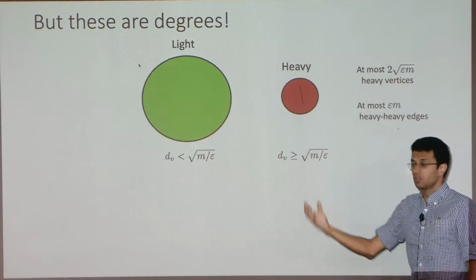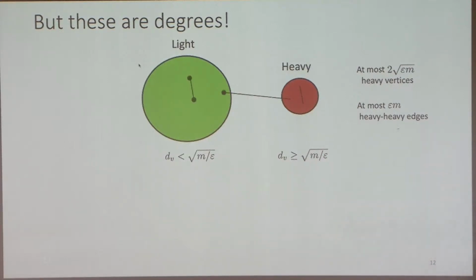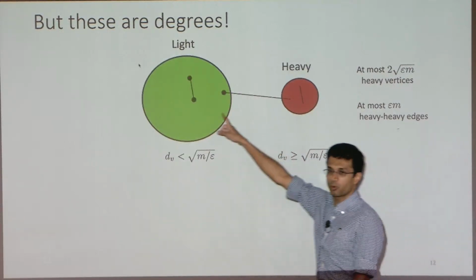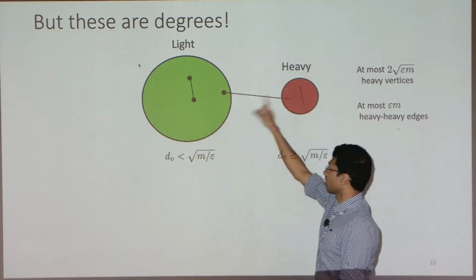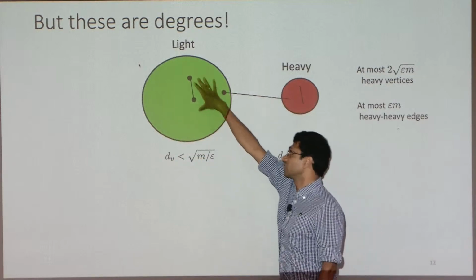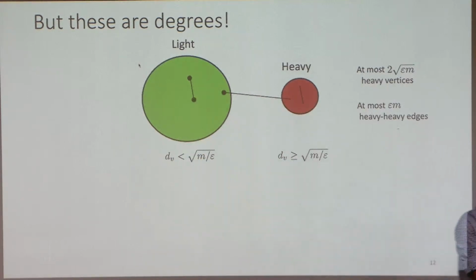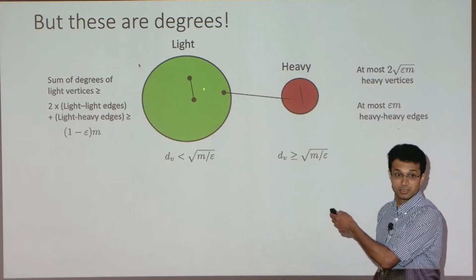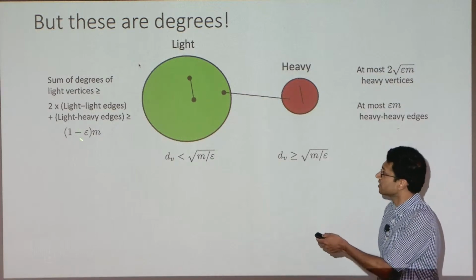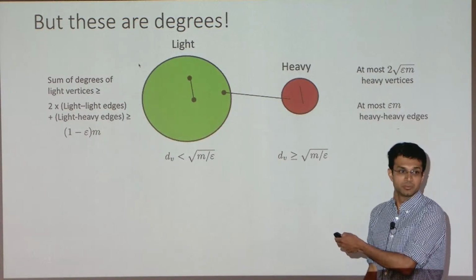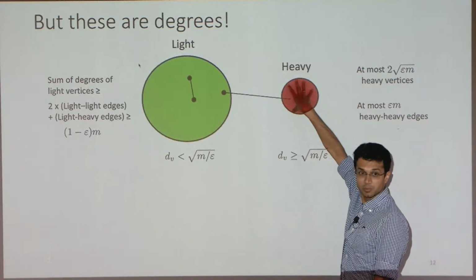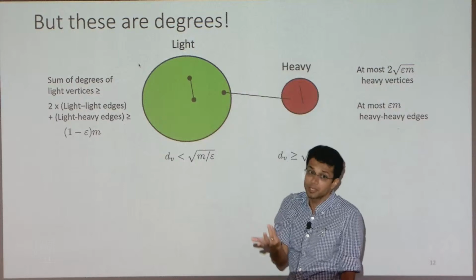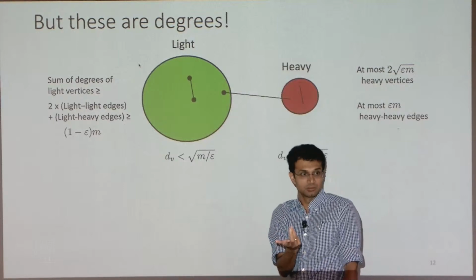So what this means is that for every other edge, there's at least one endpoint on the light side. If the edge crosses, then it's only 1. But if the edge is completely internal, then it's 2. So if I look at the sum of degrees over here, I get at least 1 minus epsilon m, because every edge that is not in this bucket is going to count once or maybe twice, but at least once.